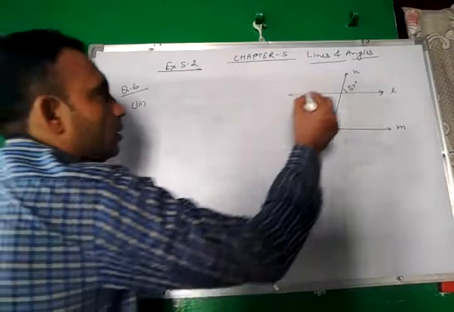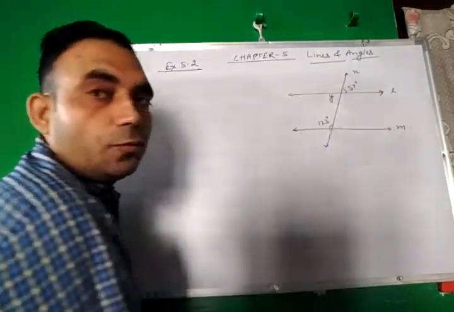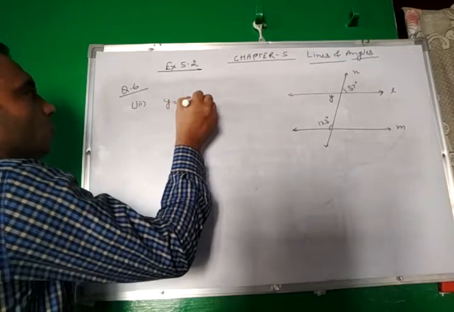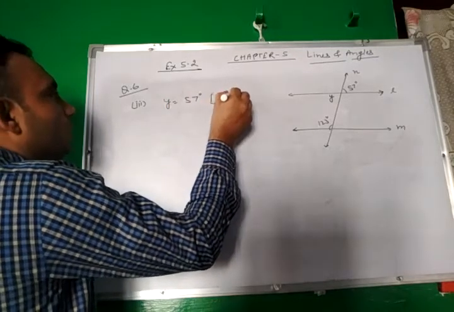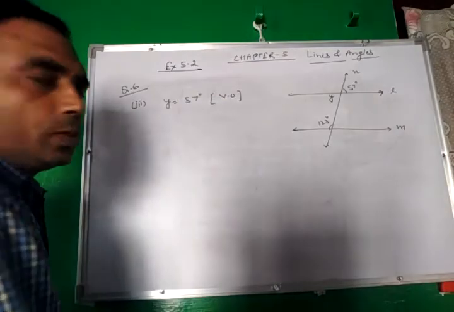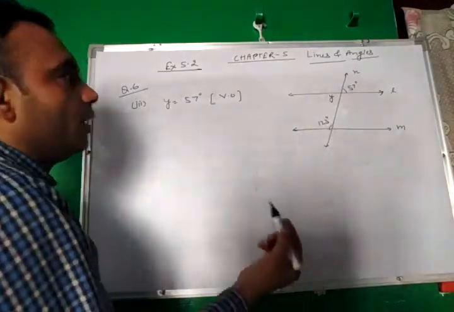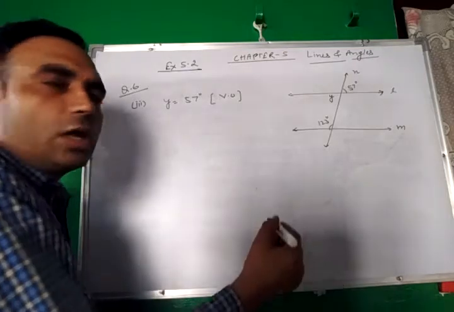Let us take this angle as Y. First we will find Y by the property of vertically opposite angles. Y is equal to 57 by the property of vertically opposite angles. Now Y and 123 are co-interior angles, so we will check the sum.